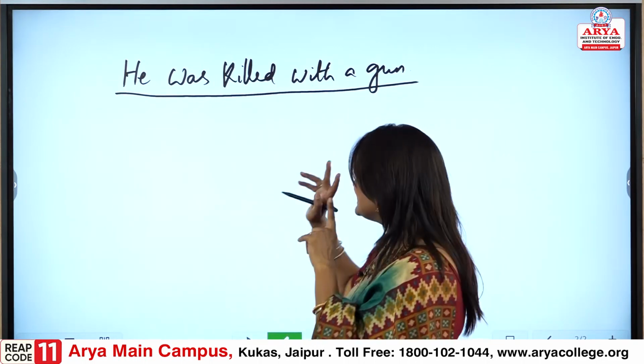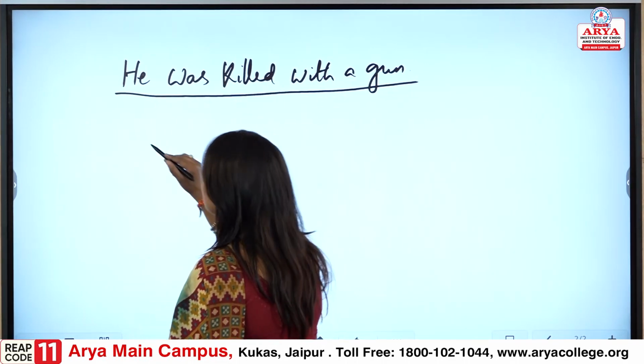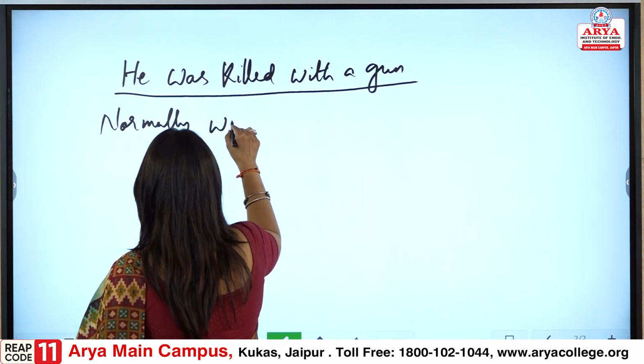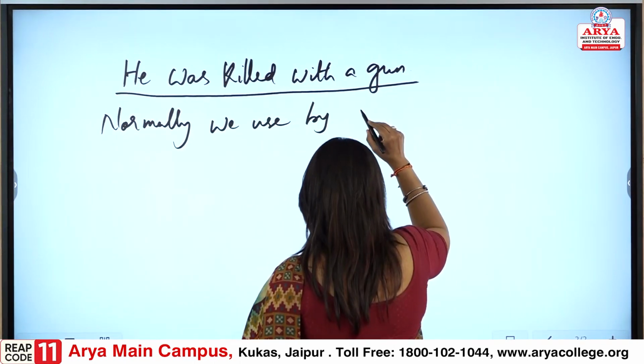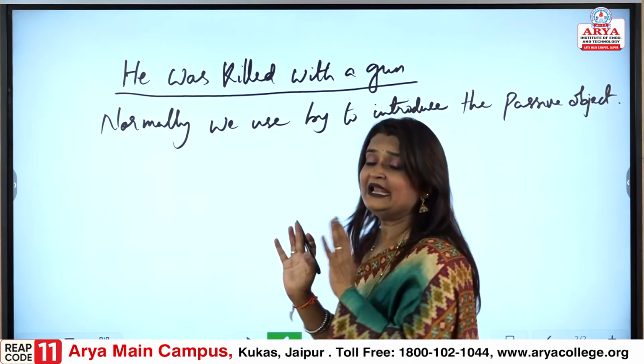So now, he was killed with a gun. Normally, we use "by" to introduce the passive object. Let us remember this.